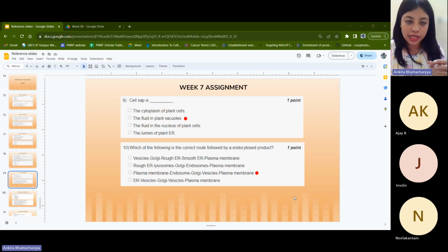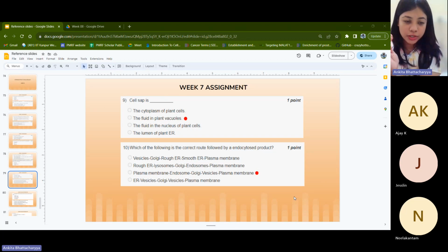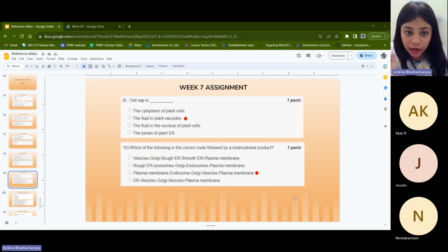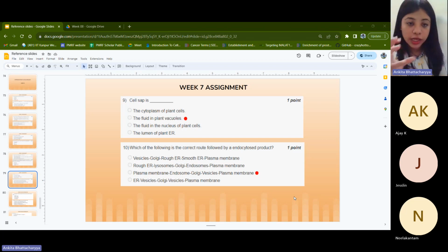So when the plasma membrane of the cell encounters a food product, imagine this is the cell membrane under normal circumstances, and there is some food product coming here. The cell membrane will try to engulf whatever food product is there. When it engulfs, a part of it pinches off. So you had a continuous system, and from there a part of it got pinched off, taking whatever food resource there was into that compartment.